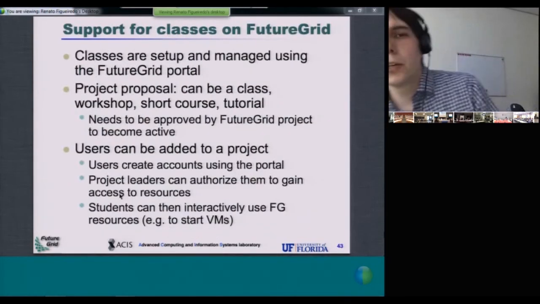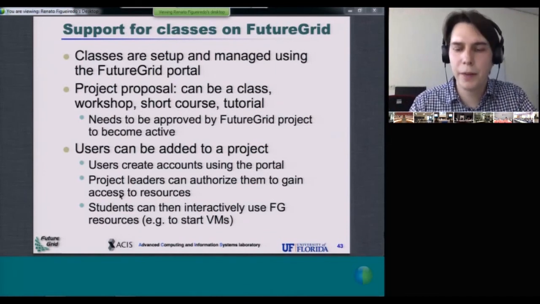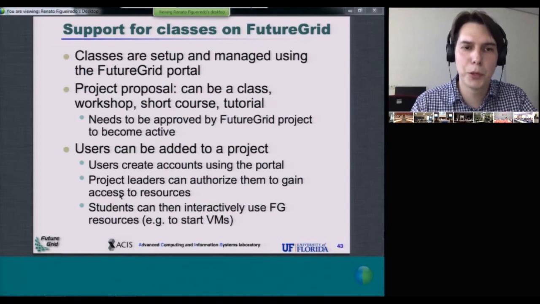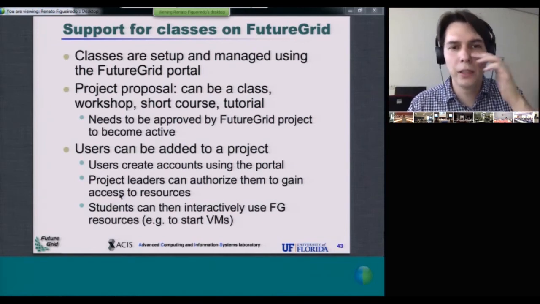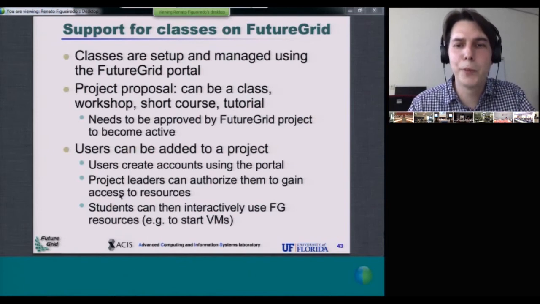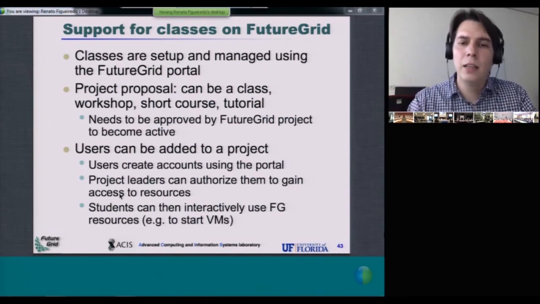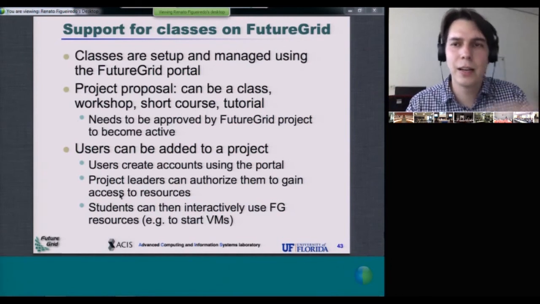So as a user, you can go to FutureGrid, create your class, and set it up and manage users using the FutureGrid portal. So the way to do this is through the portal, you create a project, and that could be a class, could be a workshop, a short course. And once that becomes approved by FutureGrid, and that usually does not take long and can be applied at any point in time, you have access to a resource that now users can be added to.